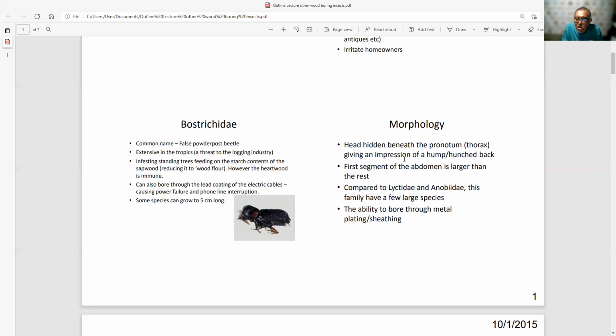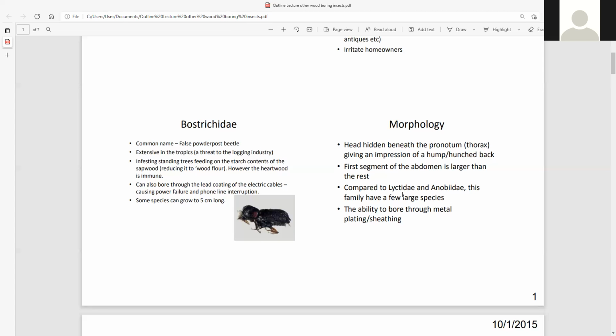First segment of the abdomen is larger than the rest. Okay, the first segment abdomen yang pertama adalah yang terbesar berbanding segmen yang seterusnya, which tapers off, ataupun semakin menirus. Compared to Lictidae and Anobidae, these are the other two families.